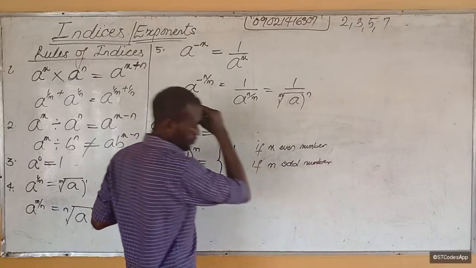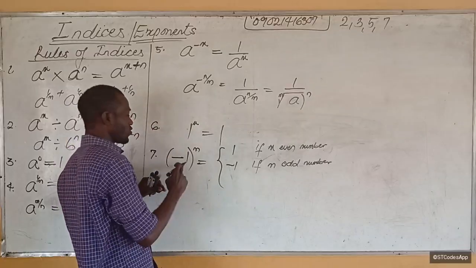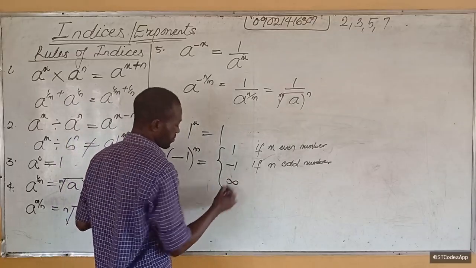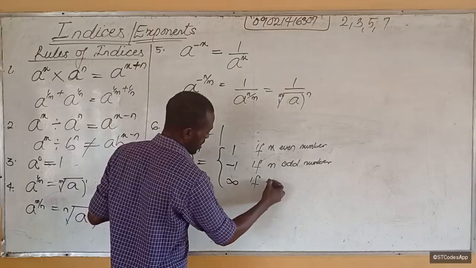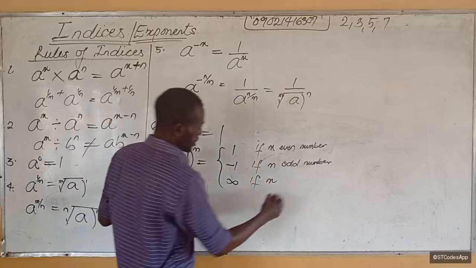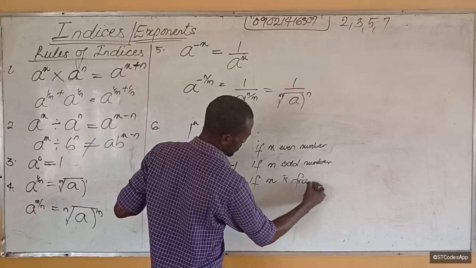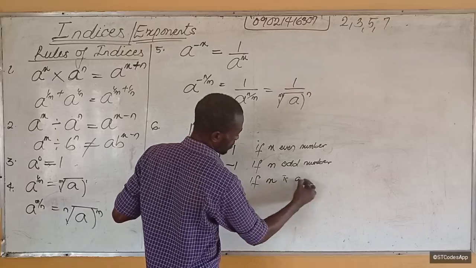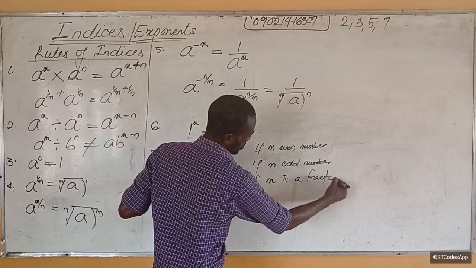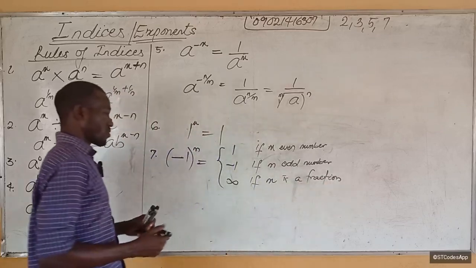I'll explain that if you don't understand. Then you will get infinity if m is a fraction.